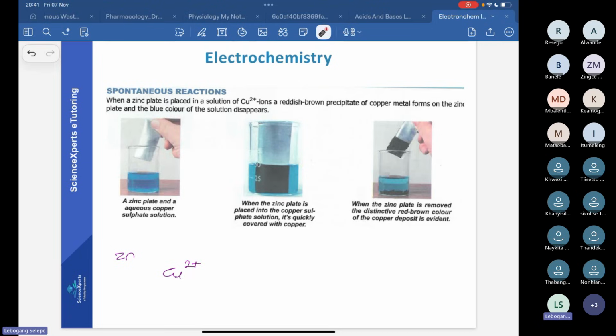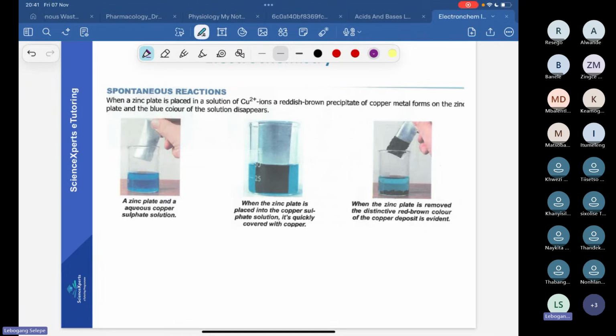But now, because we saw that this reaction just takes place on its own, we can therefore try to manipulate it and create an electric circuit. So creating an electric circuit, guys, or producing electricity, you can produce electricity anyhow if you just find a way of making electrons move in a wire.